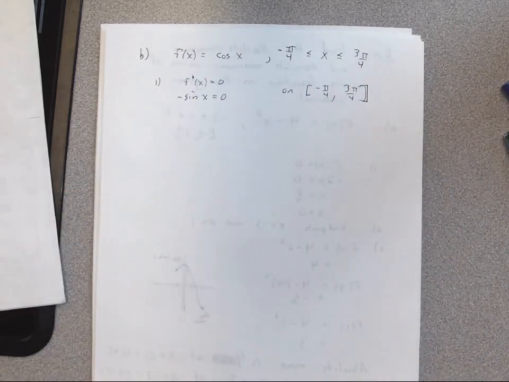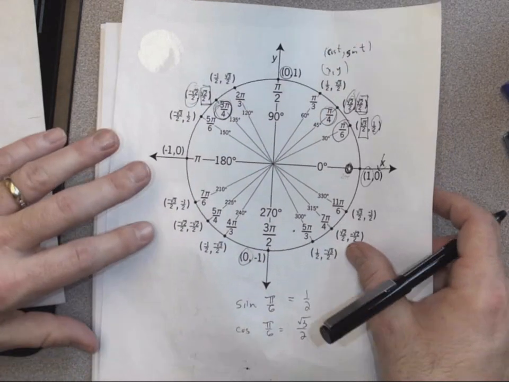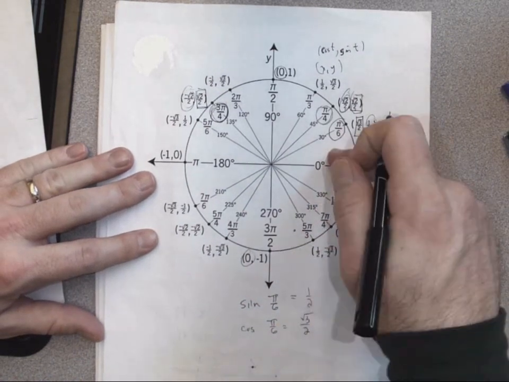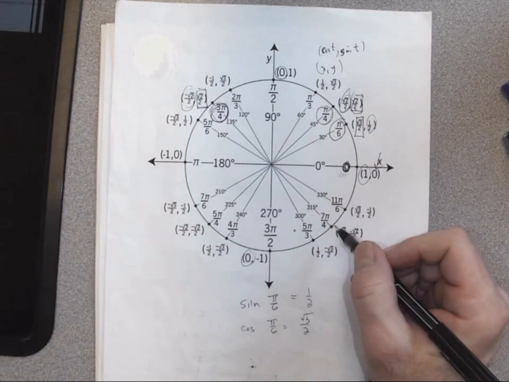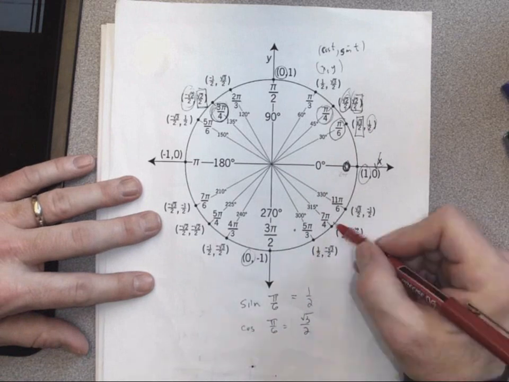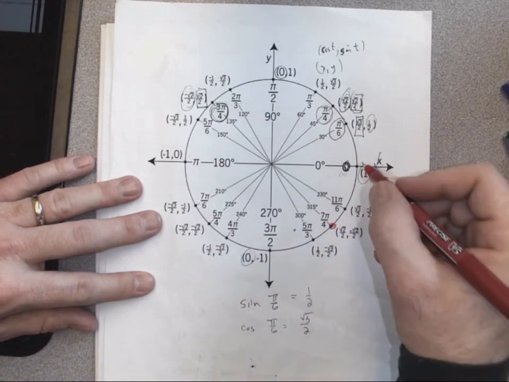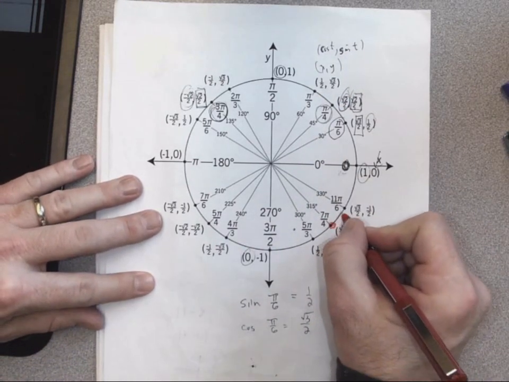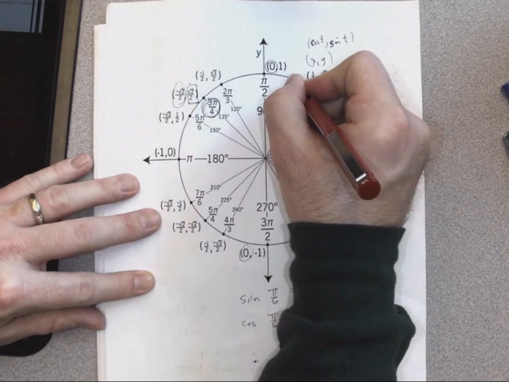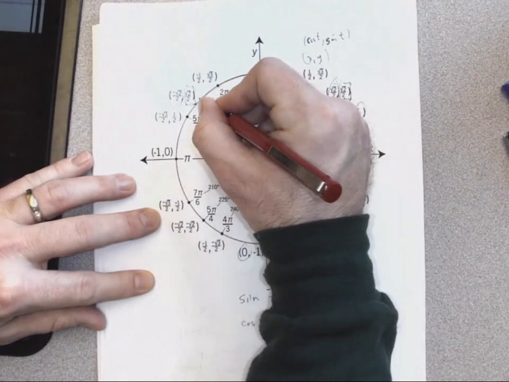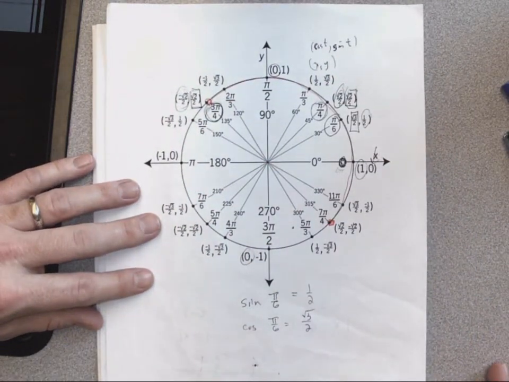So if we go to our unit circle, we know that we were restricted from there to there. So I'm going to show you this. What I know is I'm going to go from minus pi over 4, which is right here, all the way to 3 pi over 4. So we're talking about just those values right here. So that's going to be our restriction.